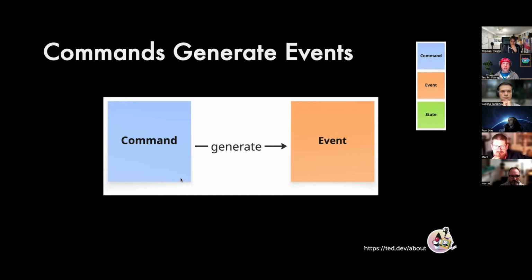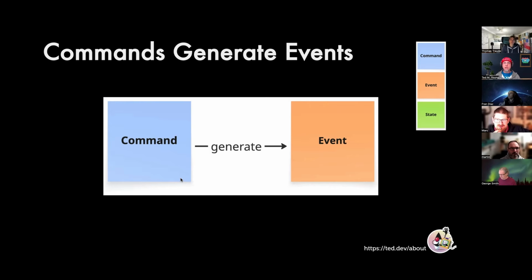Commands generate events. Not always, right? Because there's always a possibility a command could be rejected. But if it's successful, a command generates one or more events. Typically one, but it can generate two or three, probably not more than that.